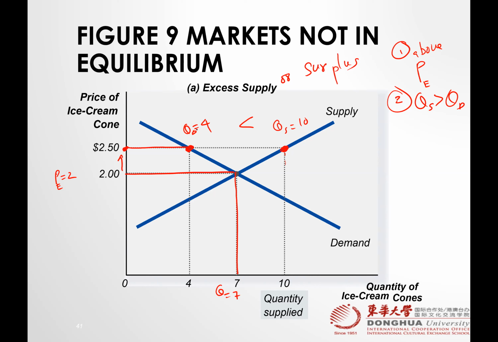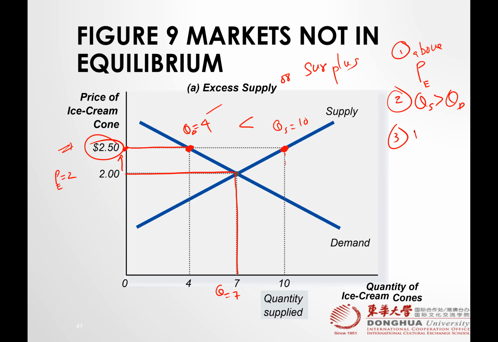So when there is surplus at this price, now the focus is price, at the 2.5 price, the buyers expect that they would be buying 4 quantity at 2.5. Whereas at 2.5, the sellers expect that they will be selling 10 quantities at 2.5. So what will happen?